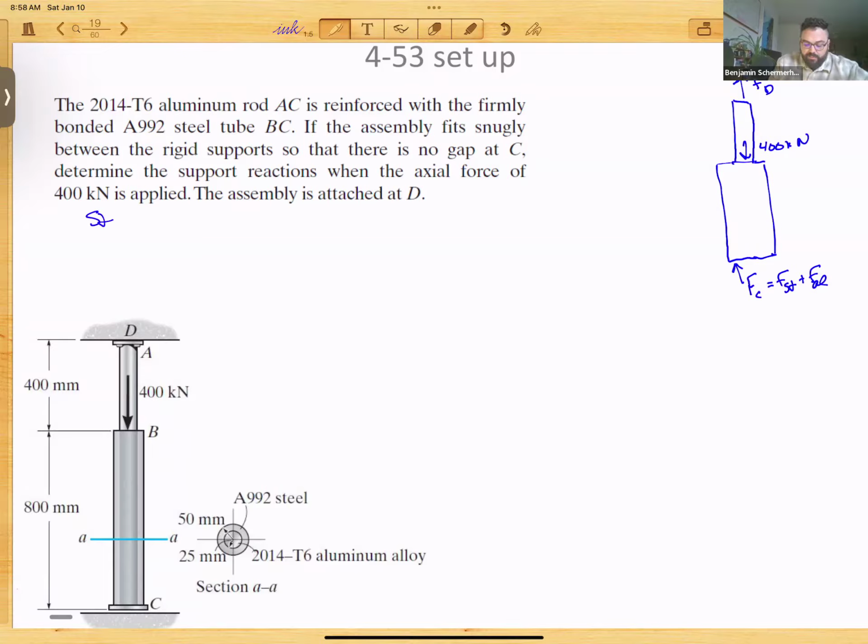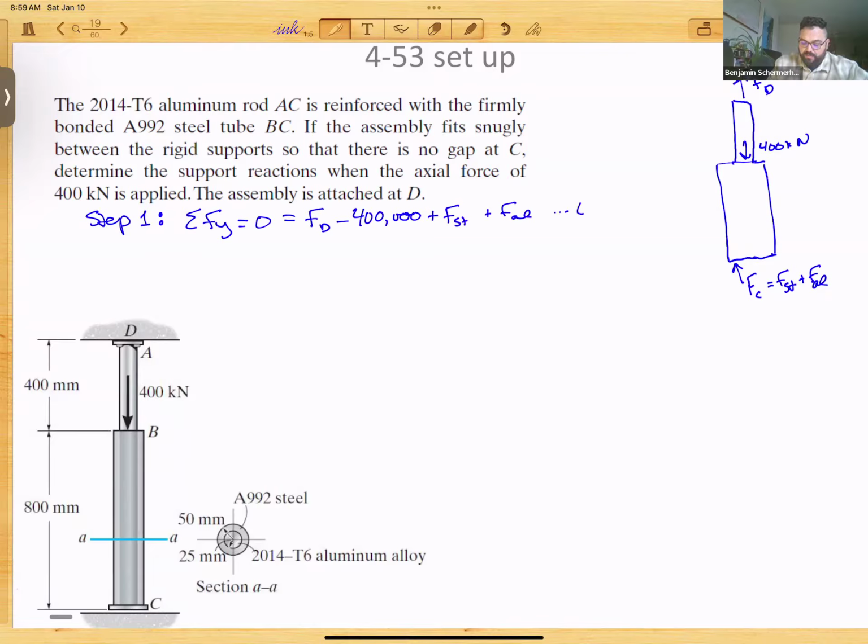So if we're going to apply equilibrium like we did in our statically indeterminate problems yesterday, we have the summation of forces in the y direction is equal to 0. It's going to be FD minus 400,000, plus F steel plus F aluminum.